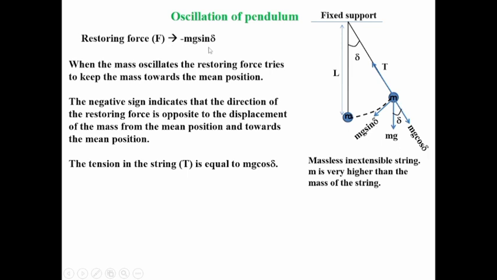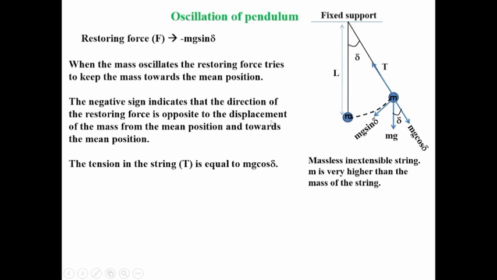Now this mg sin delta is basically the restoring force. When this mass oscillates, the restoring force tries to keep the mass towards the mean position. The negative sign indicates the direction of the restoring force.